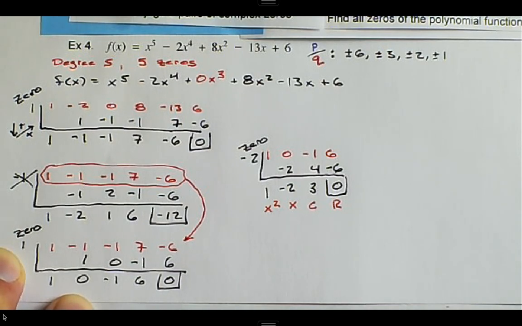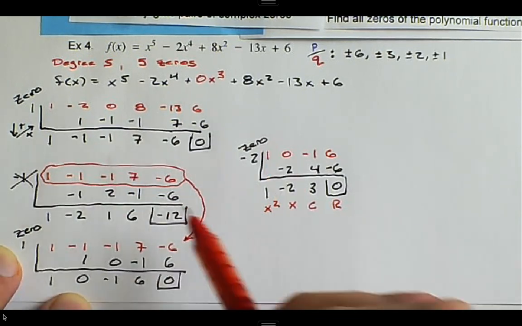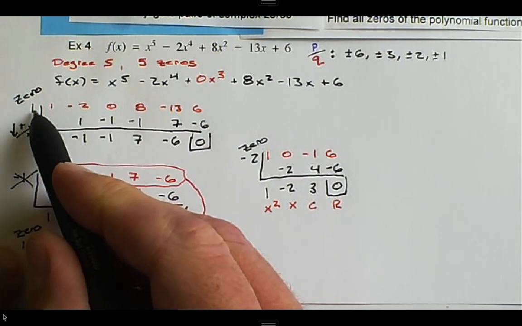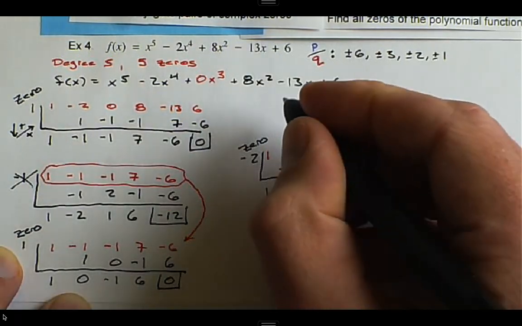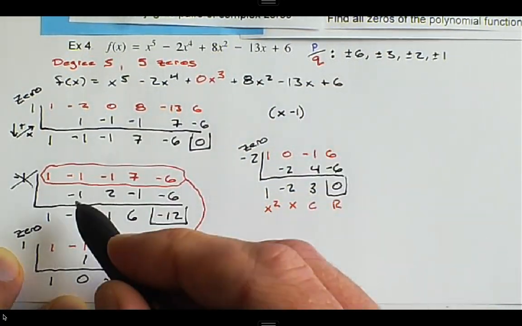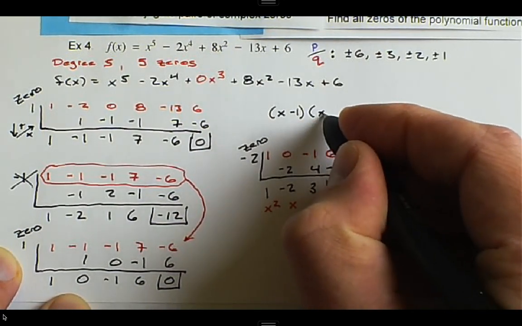And at this point, we need to write out the remaining polynomial that we have. So x is equal to 0. If we write that in factored form, it would be x. And then down here, we had x is equal to 1. So again, that's x minus 1.